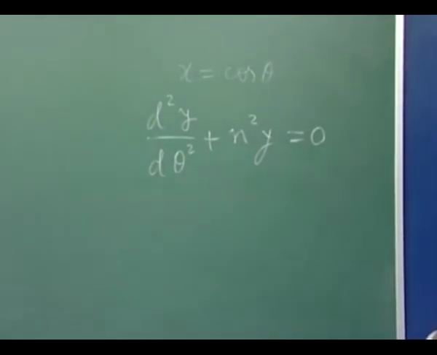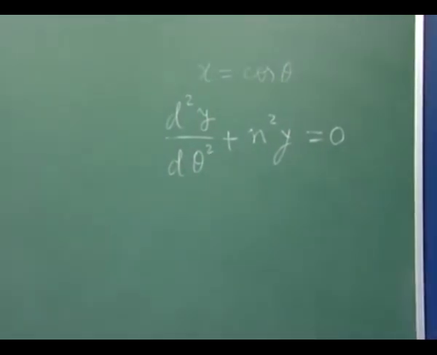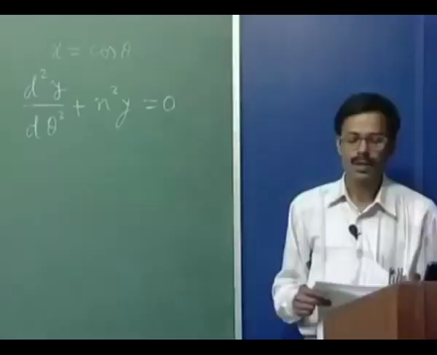From here we can very easily see that the solutions will be cosine n theta and sin n theta. They will be the linearly independent solutions of this differential equation.